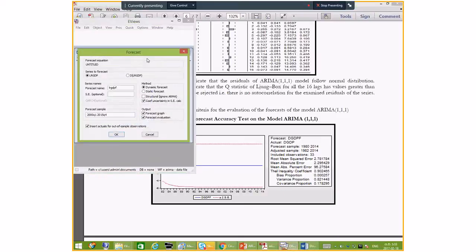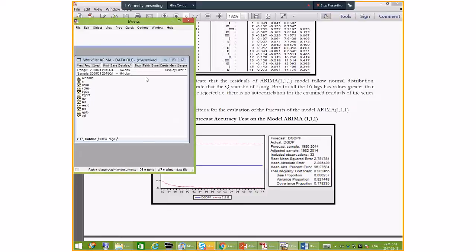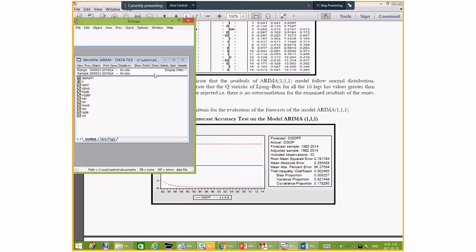Then forecasting. Right, for forecasting, go here, in the data output there is a button called forecast.